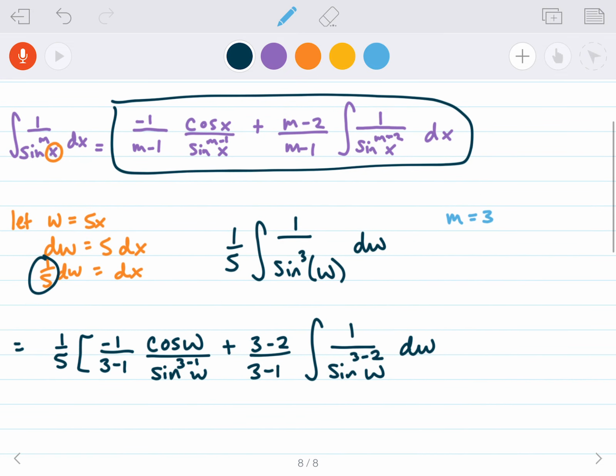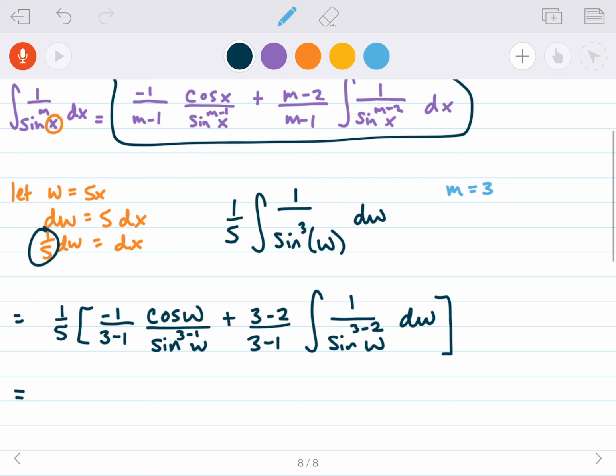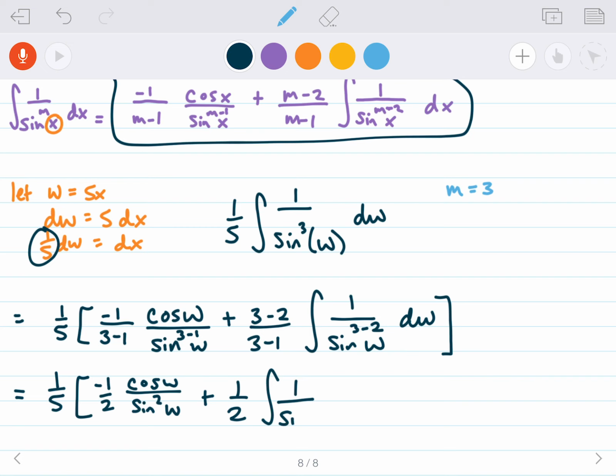All right, now we can simplify this. So we have a 5th times -1/2 cosine w over sine squared of w plus 1/2 times 1 over sine of w dw.